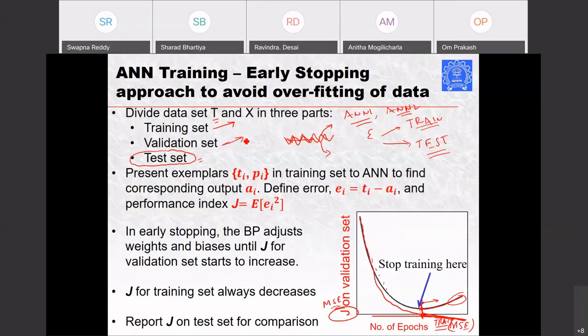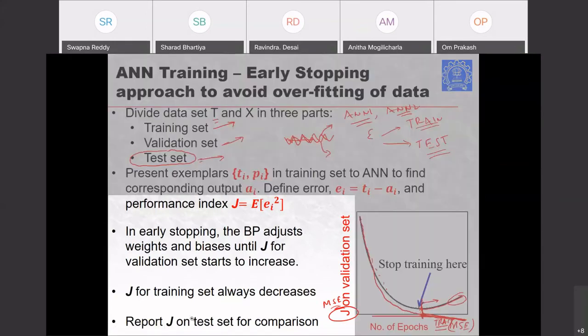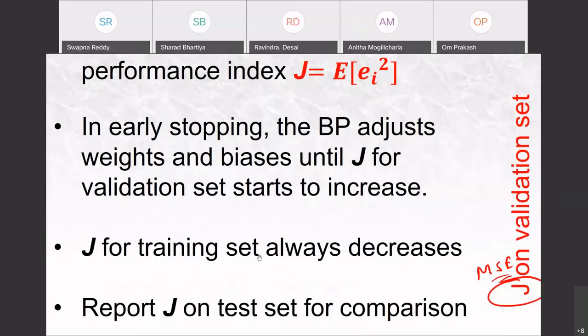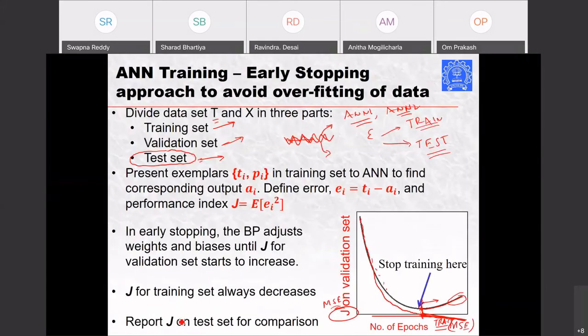Validation was used to decide when to stop your training. So you use a completely independent set called the test set on which you report your performance. So you can report your objective function on this test set for comparison between different ANNs.